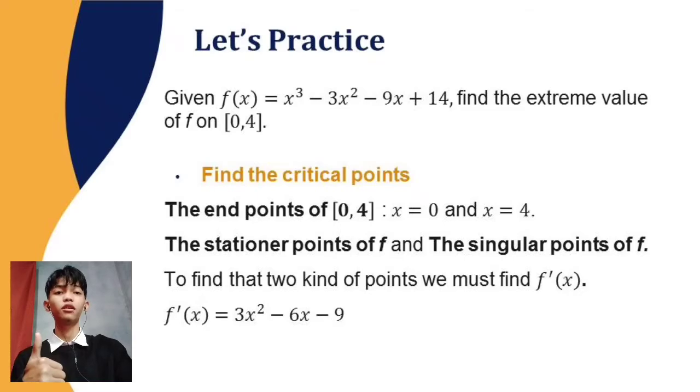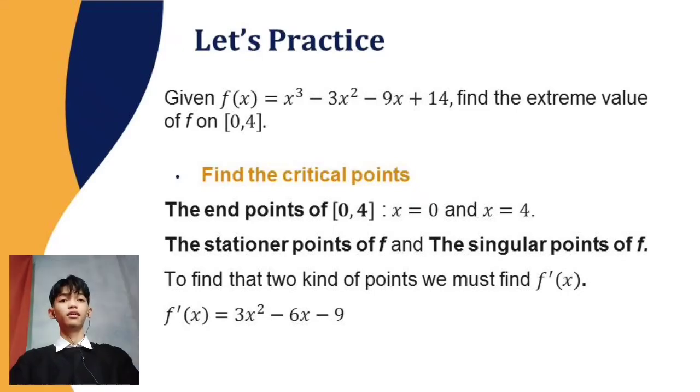The first are the endpoints of the closed interval from 0 to 4, and we get two points, that is x equals 0 and x equals 4. And then the other critical points of f are stationary points and singular points.